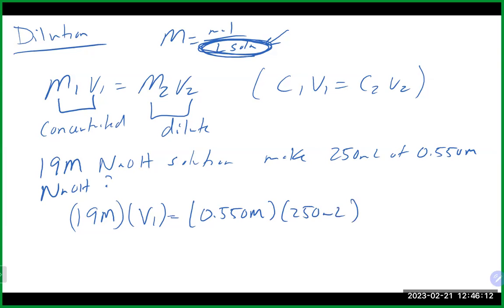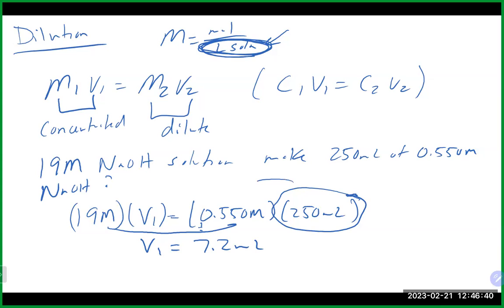In this made up example, we will end up with V1 equal to about 7.2 milliliters. In this case, I'm dividing to the other side. It is okay to leave this in milliliters, because when I multiply these two, I get millimoles. When I divide out by the molarity, they cancel, and I'm left with milliliters.